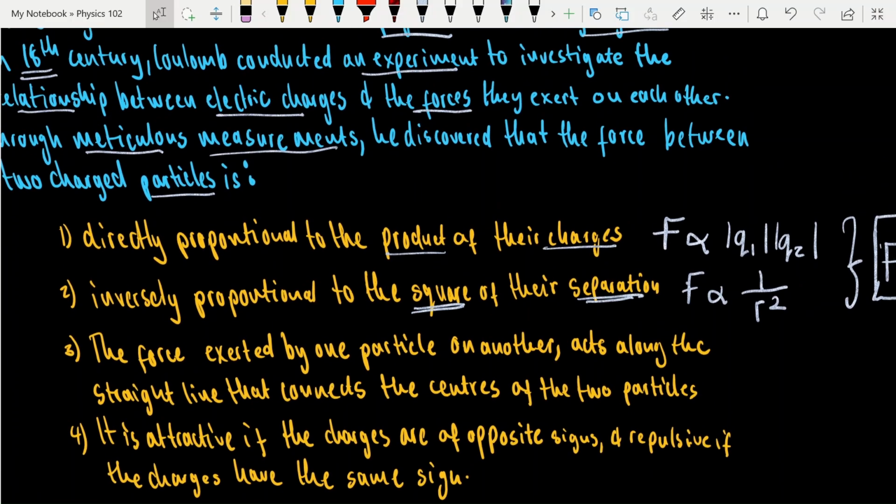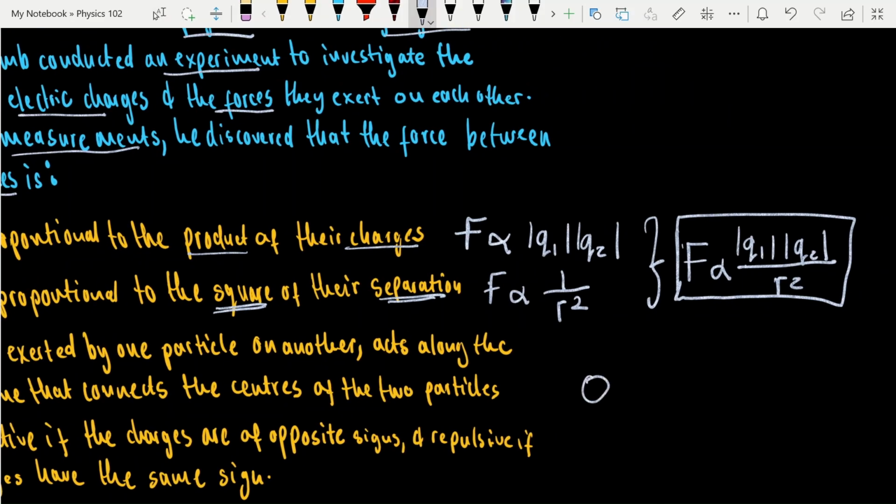Number 3. What is the third thing? Well, these 2 things that we are now about to write are not really part of the formula to find the values, but they just work. The force exerted by one particle on another acts along the straight line that connects the centers of the 2 particles. So here, you have these 2 particles, right? The force comes along a straight line that joins the centers of these 2.